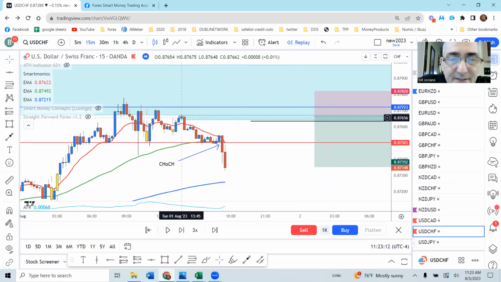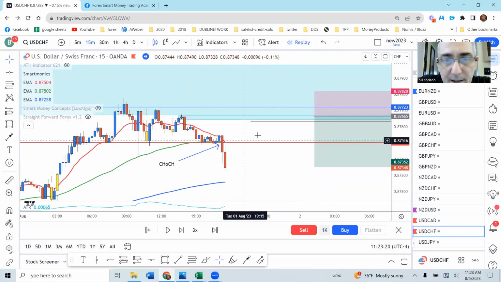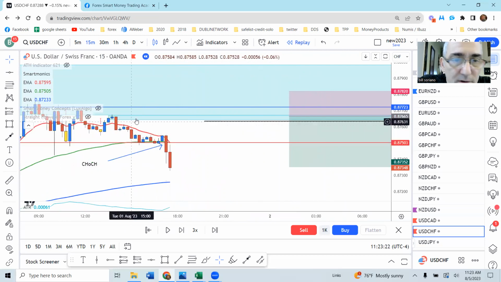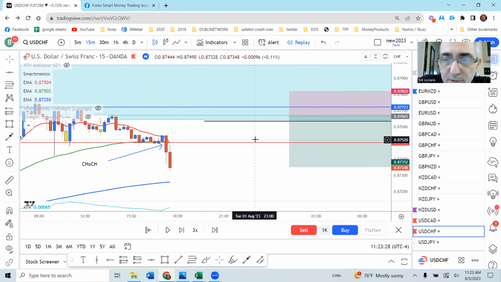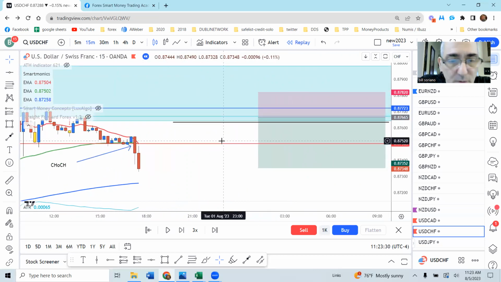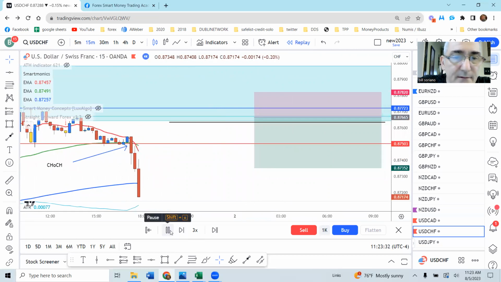But this, you could see this area because you have this big engulfing candle and you have all this imbalance here. So that's basically where you want to get in, okay? So this is our order block right here, this smaller shaded area, right? And so we're looking for price to come back here so that we can get into this trade.